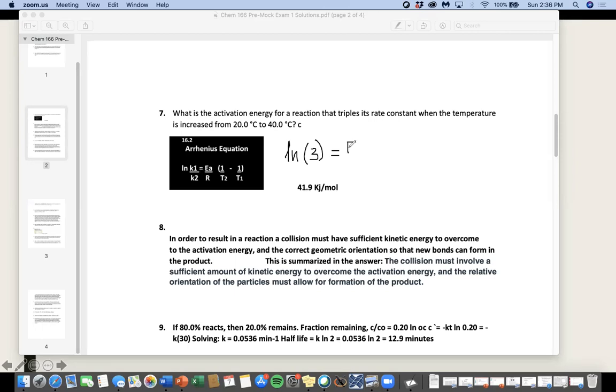And then we're looking for activation energy here, which is EA over R. And if you remember, our R in this situation is 8.314.